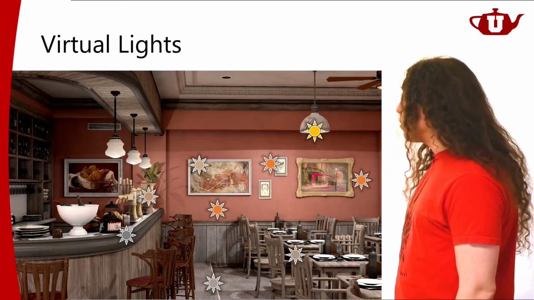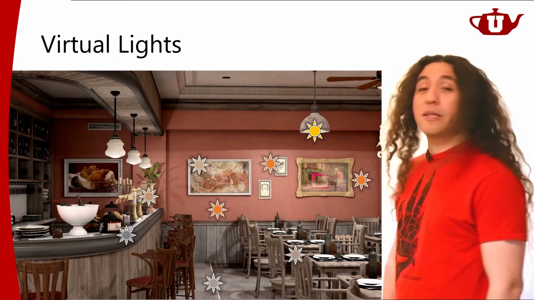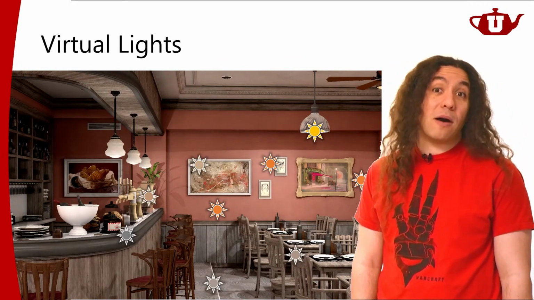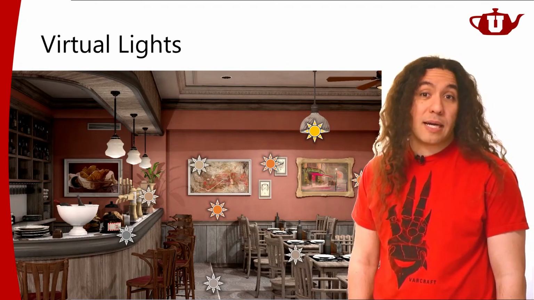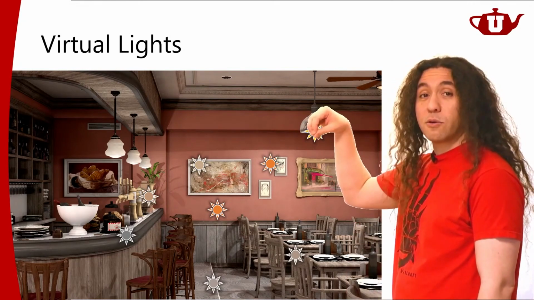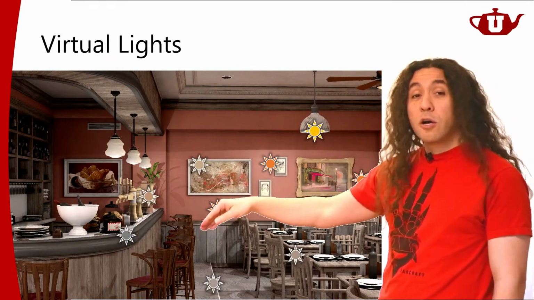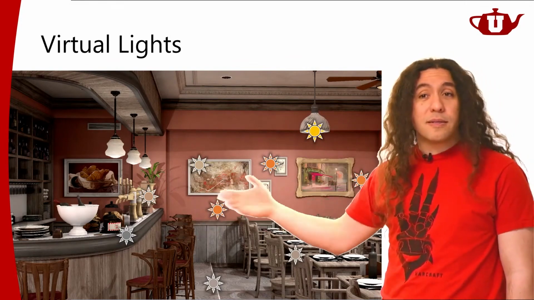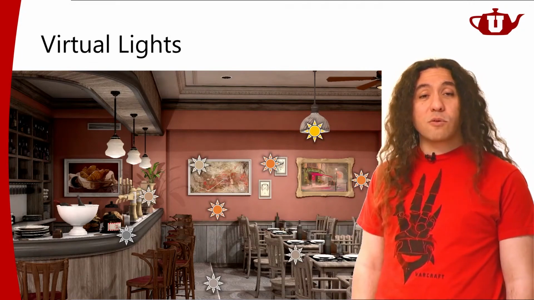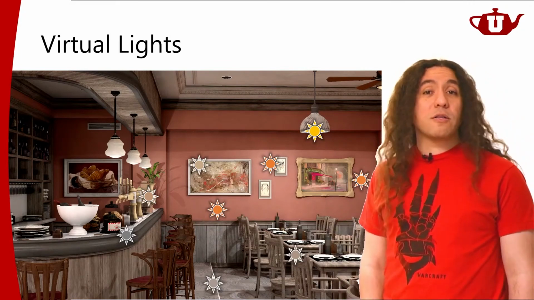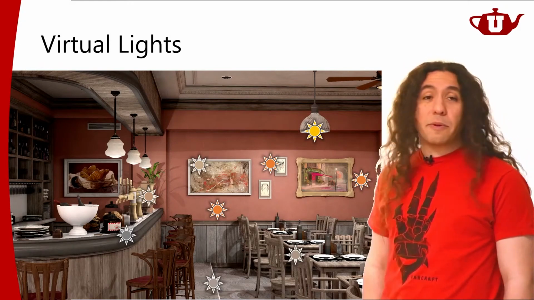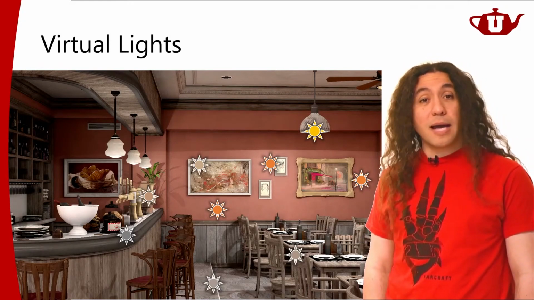Now there's one problem here, is that this only accounts for one bounce of indirect illumination, right? Because I looked from the light source, I looked in random directions, found surface points, and I placed virtual light sources there. What if I wanted to account for multiple bounces of indirect illumination? I can easily do that.